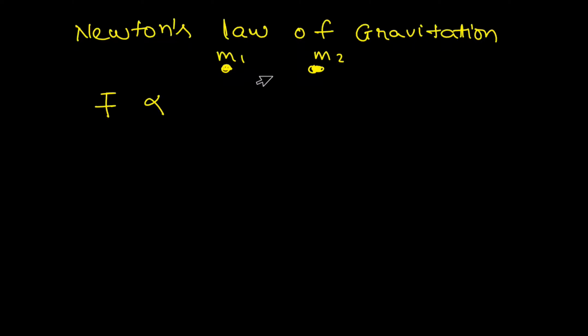Then the force of gravitation acting between them is directly proportional to the product of their masses, that is m1 m2, and inversely proportional to the square of the distance between them. So if r is the distance between them, then F is directly proportional to 1 by r square, or inversely proportional to r square.